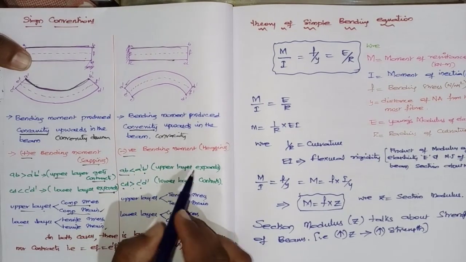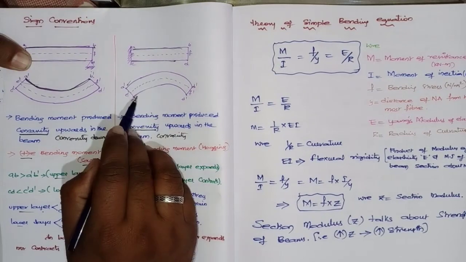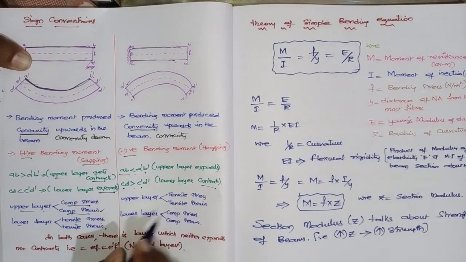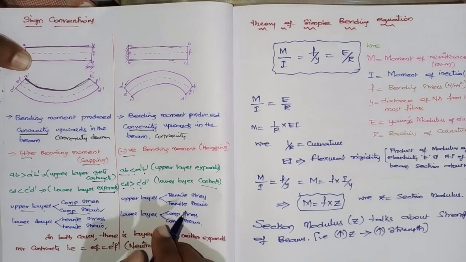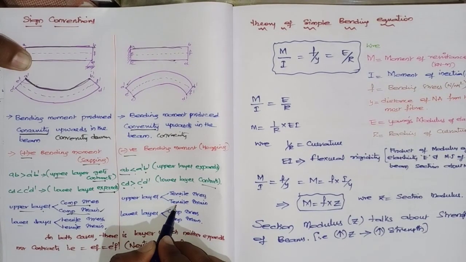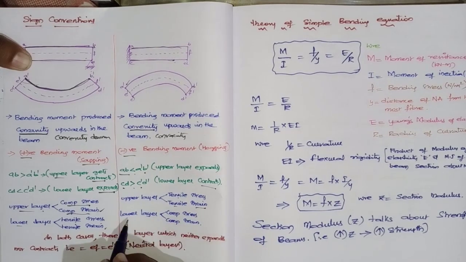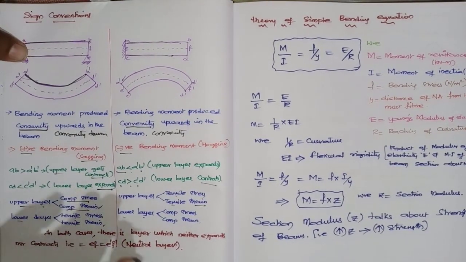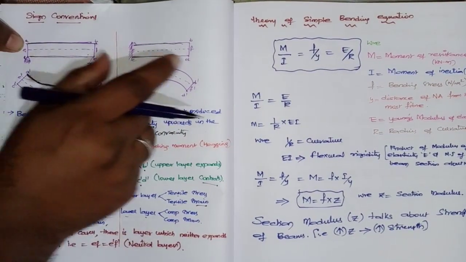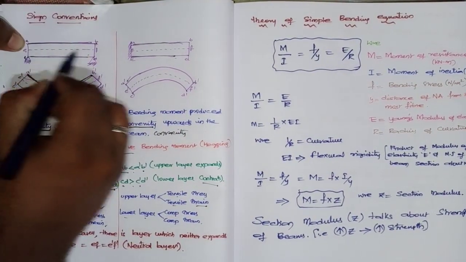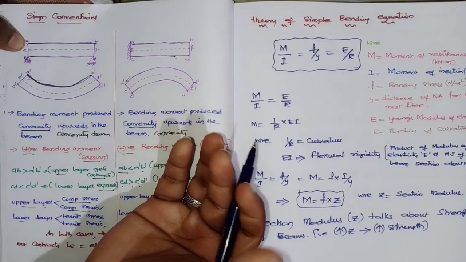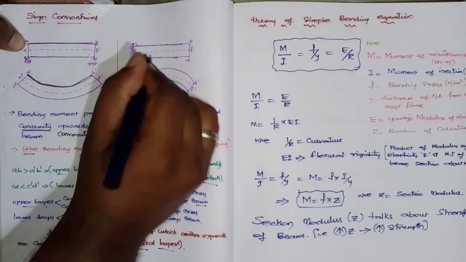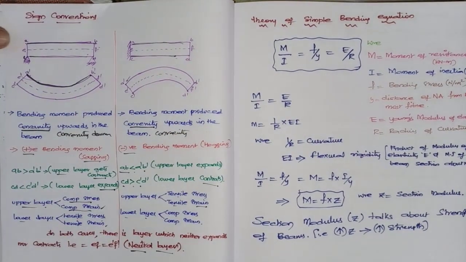The upper layer gets expanded and the lower layer gets contracted, so the upper layer is subjected to tensile stresses and tensile strains are developed, and the lower layer is subjected to compressive stresses and compressive strains are developed. In both cases, cantilever or simply supported, a layer which neither contracts nor expands is called the neutral layer, that is EF and E dash F dash, right?